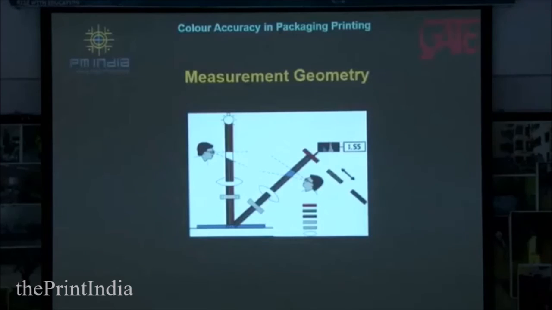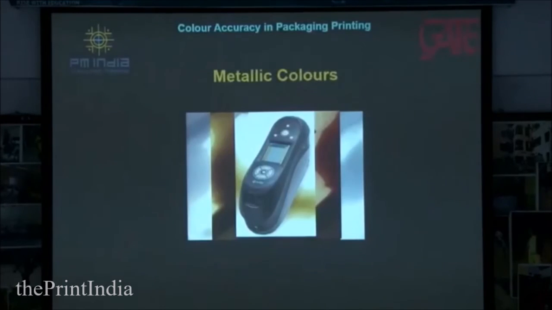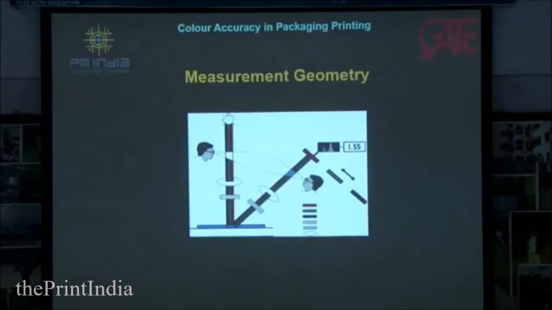So this is the measurement geometry. For a normal densitometer, this is what you need, called 0/45 or 45/0. The light measurement should be this way in the instrument. But this system is not good if you are printing metallic color or metallic substrate.